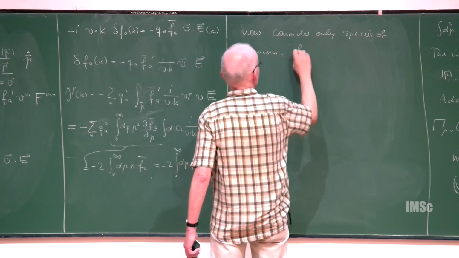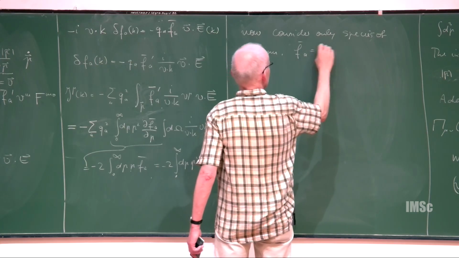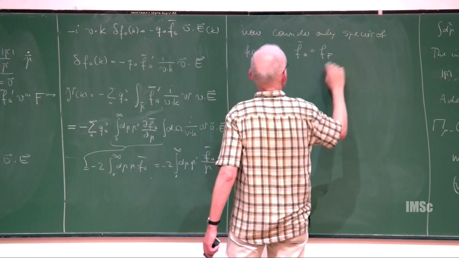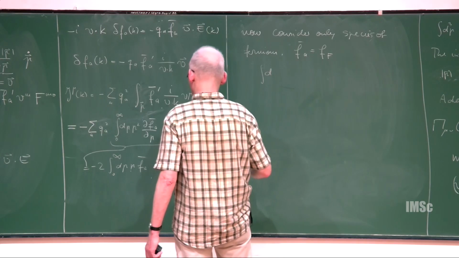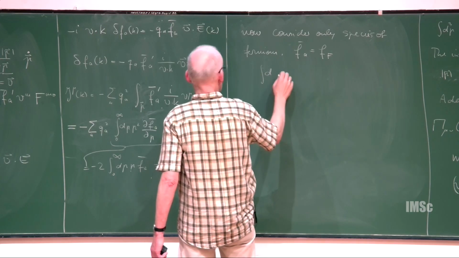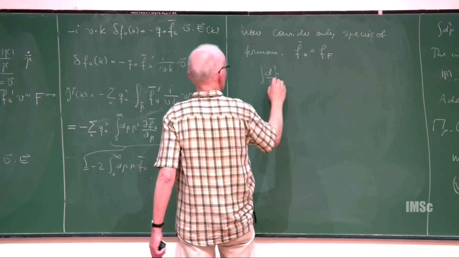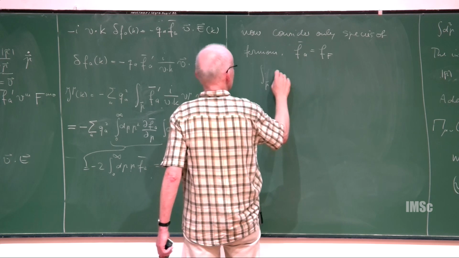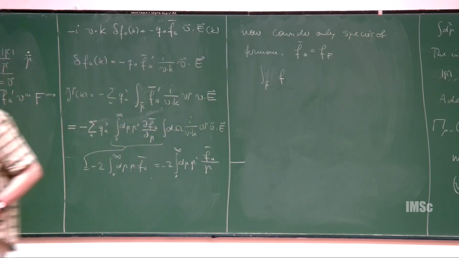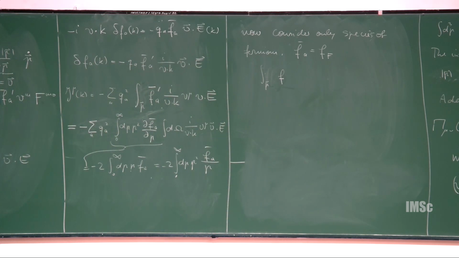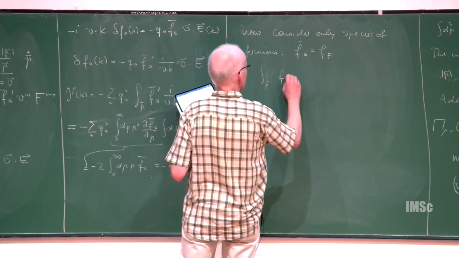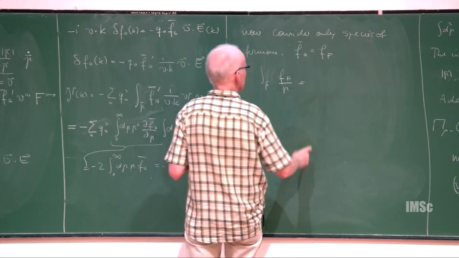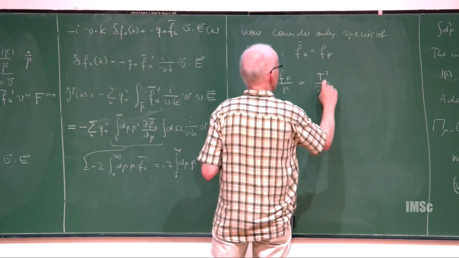So f_a bar is the Fermi-Dirac distribution, and the integral d^3p over 2 pi cubed of the Fermi-Dirac distribution over p is equal to T squared over 24.